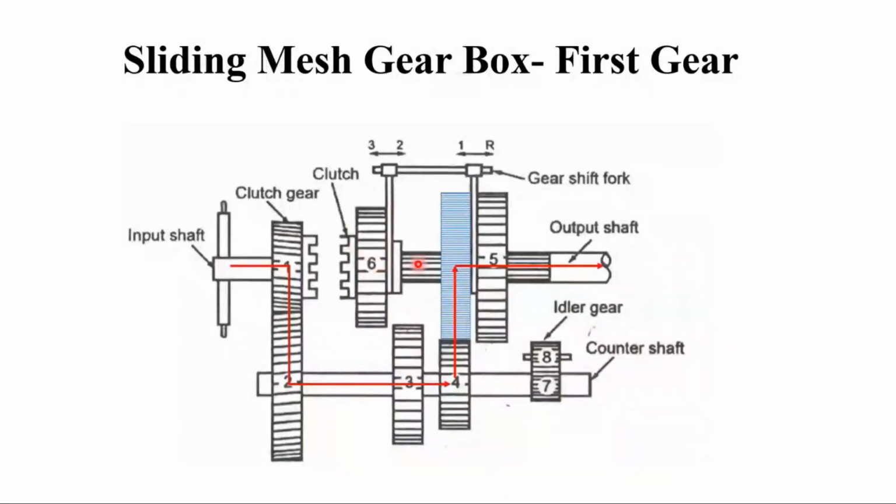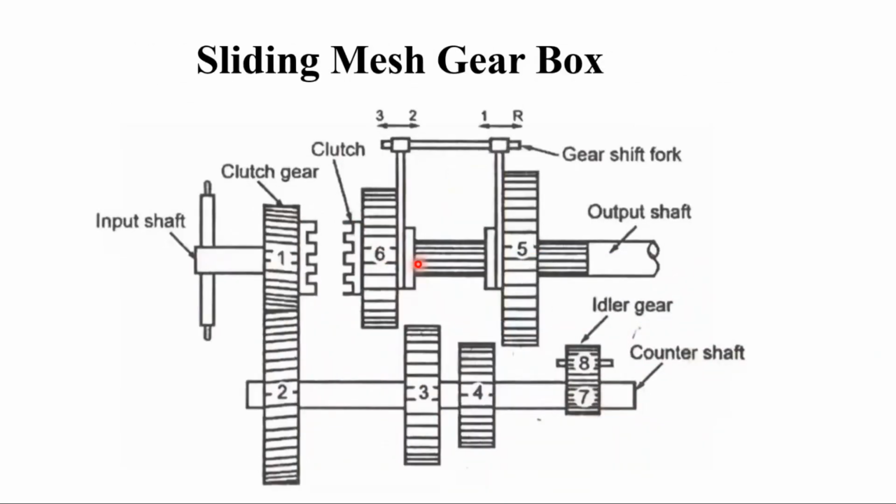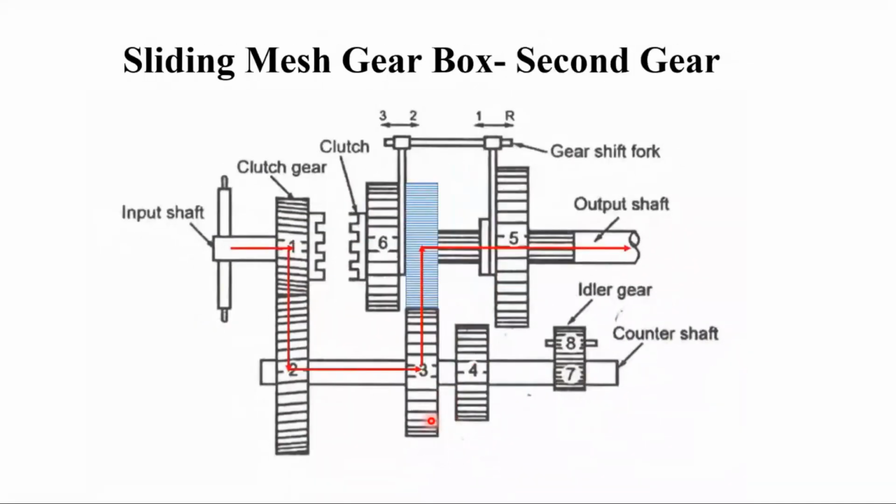It moves towards the right, and this gear 6 engages with gear 3. Okay, and you can see the power flow 1 to 2, 2 to 3, and 3 to 6, and goes to the output shaft.